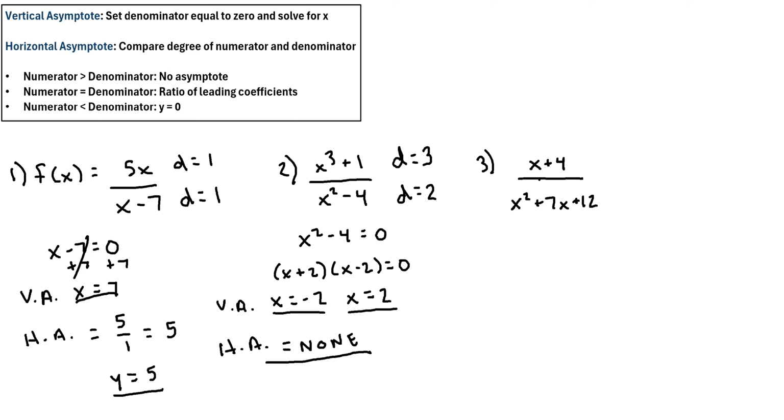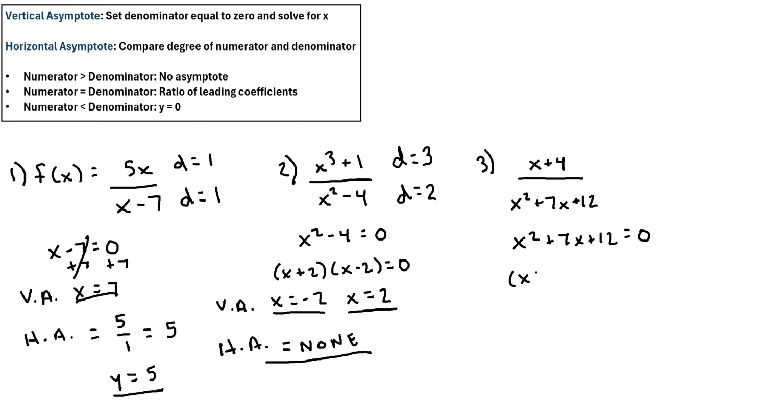All right, let's take a look at this last example. We have x plus 4 divided by x squared plus 7x plus 12. So let's start by finding the vertical asymptote again, and we can set x squared plus 7x plus 12 equal to 0. So to factor this particular polynomial, we need to think what numbers will multiply to 12 and add to 7.